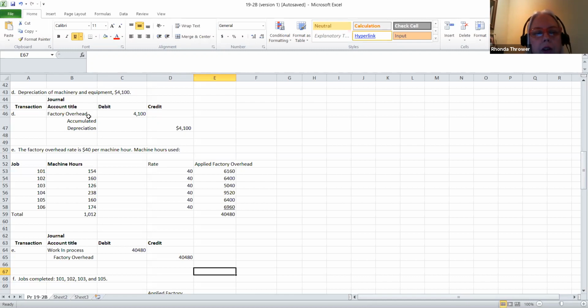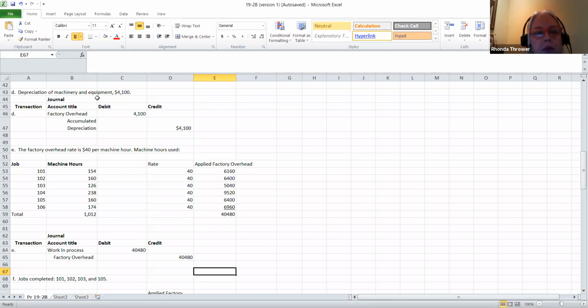Again, factory overhead is made up of all the factory expenses, and depreciation expense will become a part of factory overhead on the machinery and equipment that they're using in the factory. If this had been depreciation of equipment that they use for the office, we would have had a debit to an administrative expense, or depreciation expense would have gone in as an office expense, if that makes sense to you.